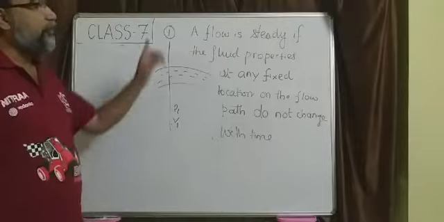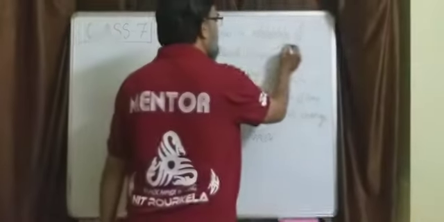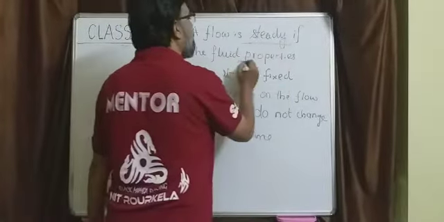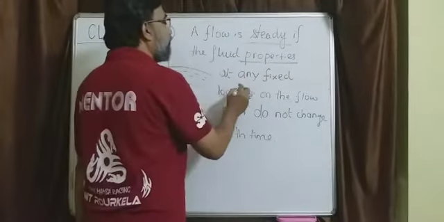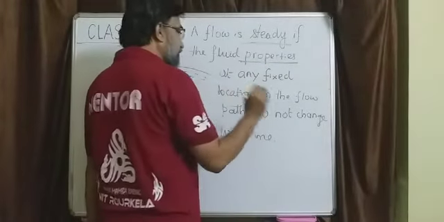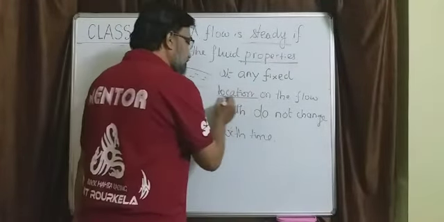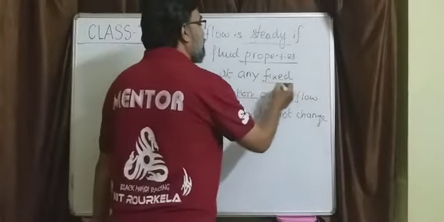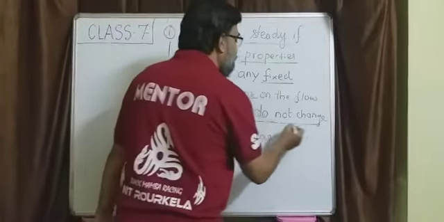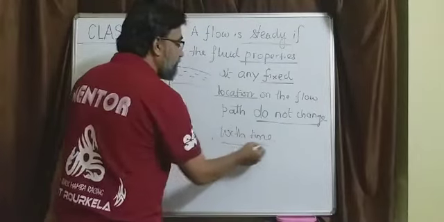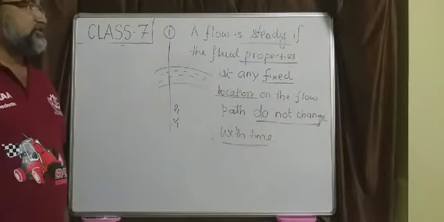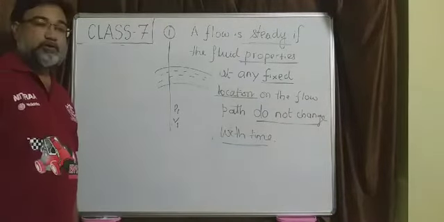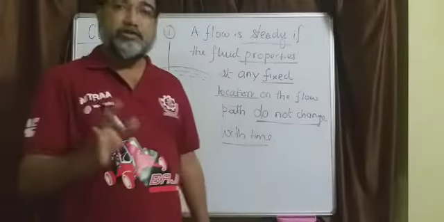So a flow is said to be steady flow if the properties of the fluid at a particular location, this is important, at a fixed location, do not change. Do not change with what? With time. Then we say it is a steady flow situation, or the flow is said to be steady.